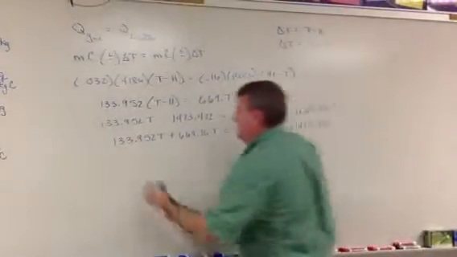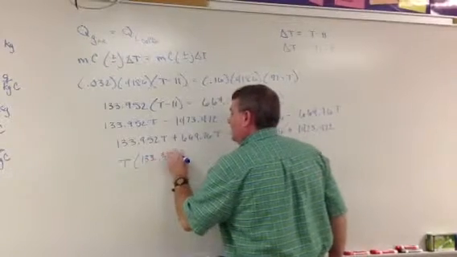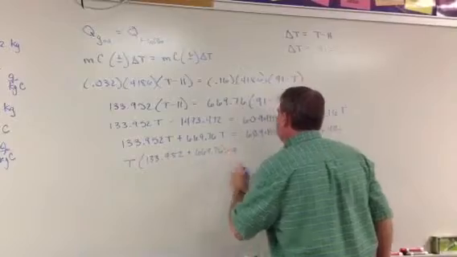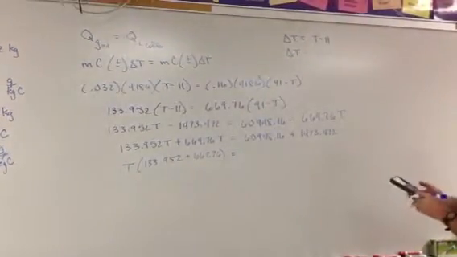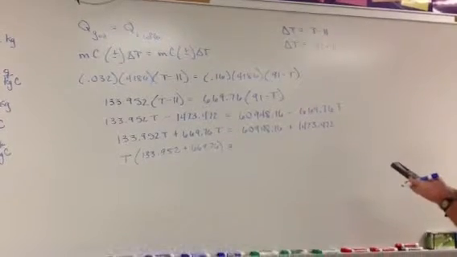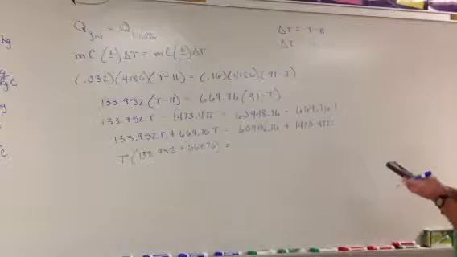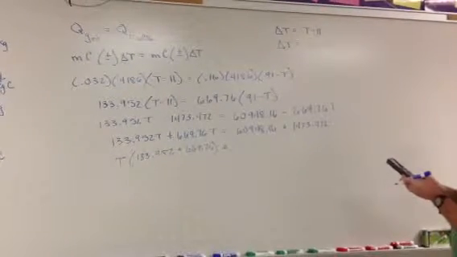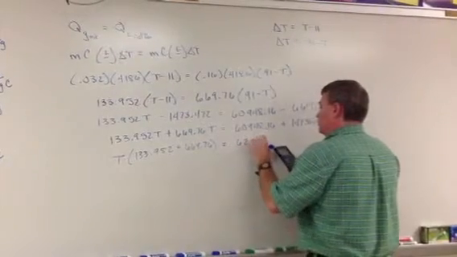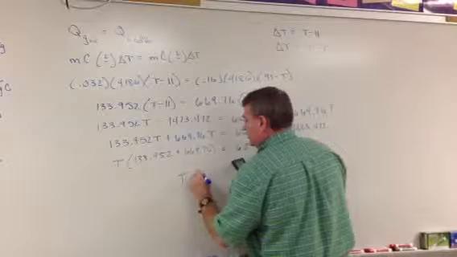All right, factor out the T: 133.952 plus 669.76. I'm going to go ahead and add these numbers together: 60,948.16 plus 1473.472 gets 62,421.632.